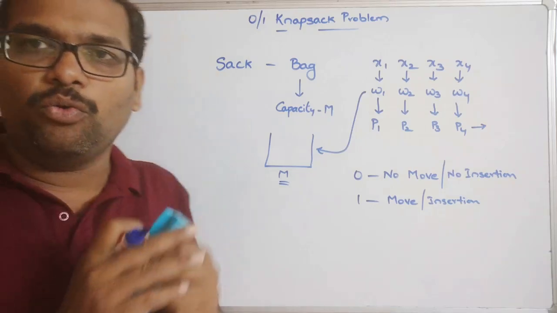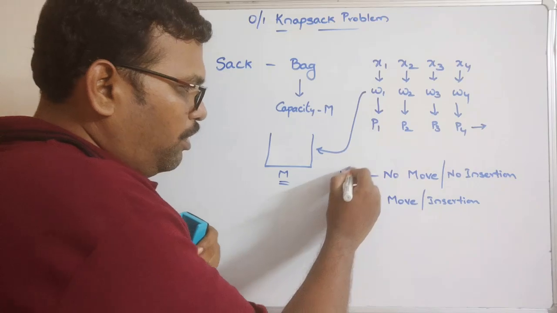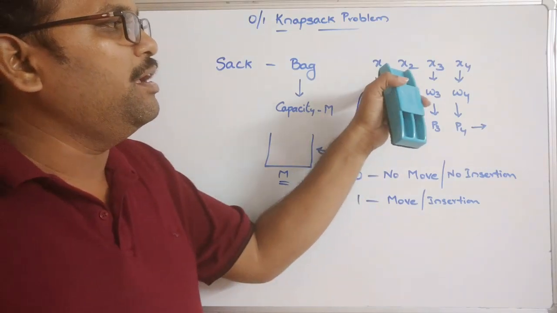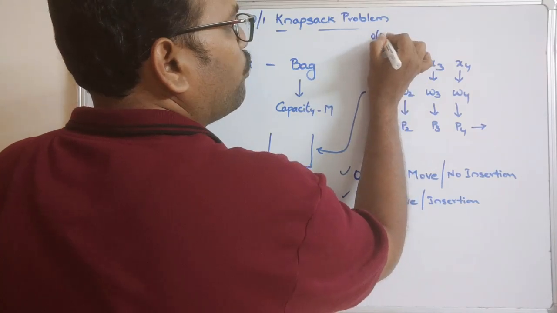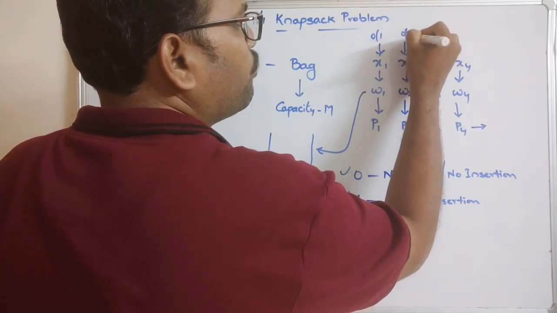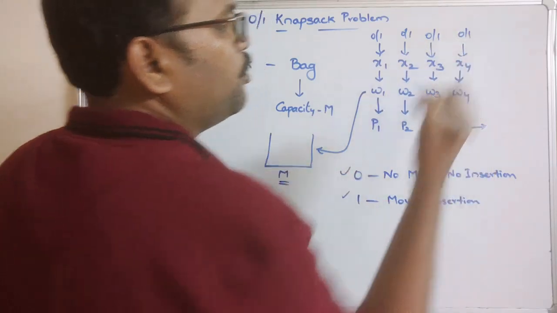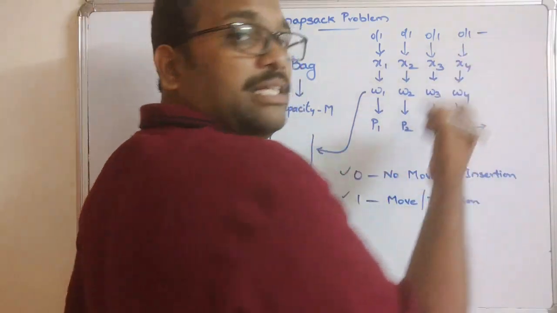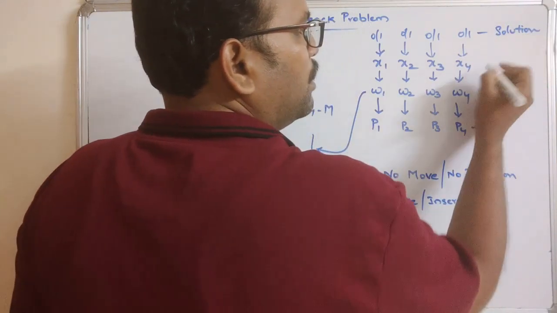And why 0, 1? There will be only 2 solutions, either 0 or 1 for every weight. So this will be 0 or 1, and this will be 0 or 1, and this object will be 0 or 1, and this object will be 0 or 1. So this is a solution, 0 or 1.